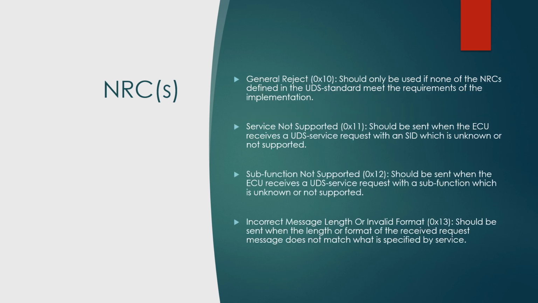The next one is general reject. If you read the description, it says it should only be used if none of the NRCs defined in the UDS standard meet the requirement of the implementation. So if you do not find a suitable NRC, then you will send NRC 10.